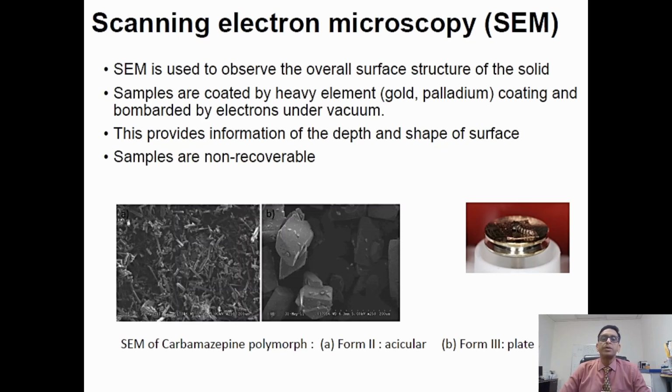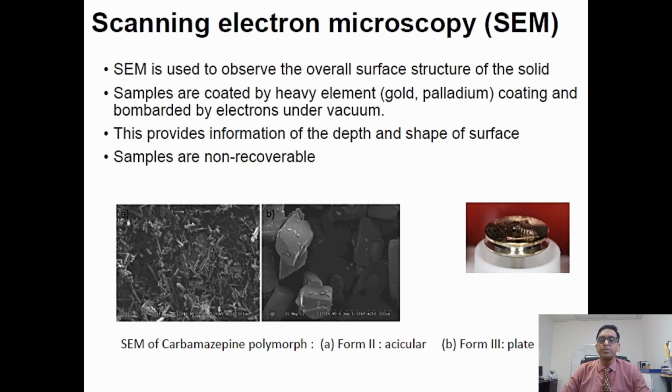Over that, the component is spread and bombarded with electrons under vacuum, so that it generates electrons, and those electrons are captured under the scanning electron microscopic method. This provides information on the surface structure of the molecules. The samples are non-recoverable, and it is commonly used to understand this.